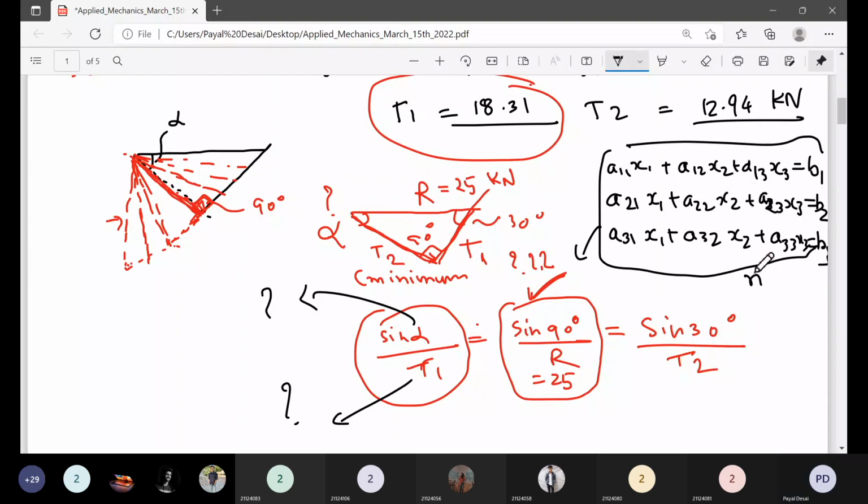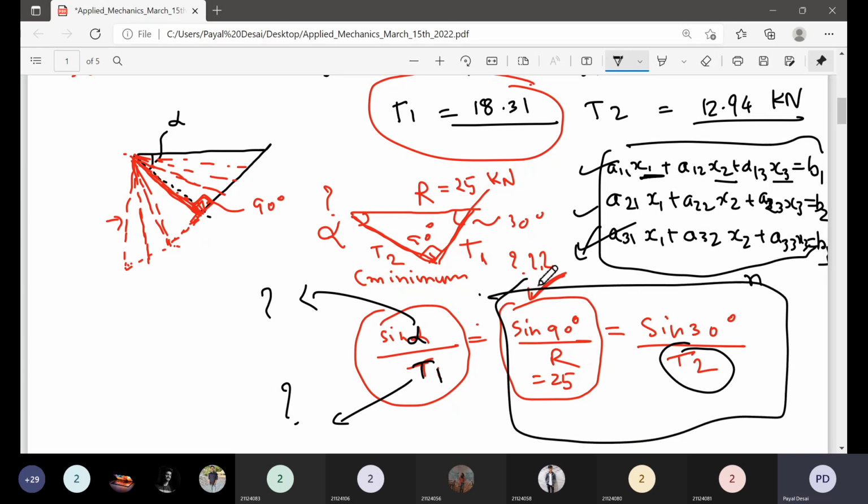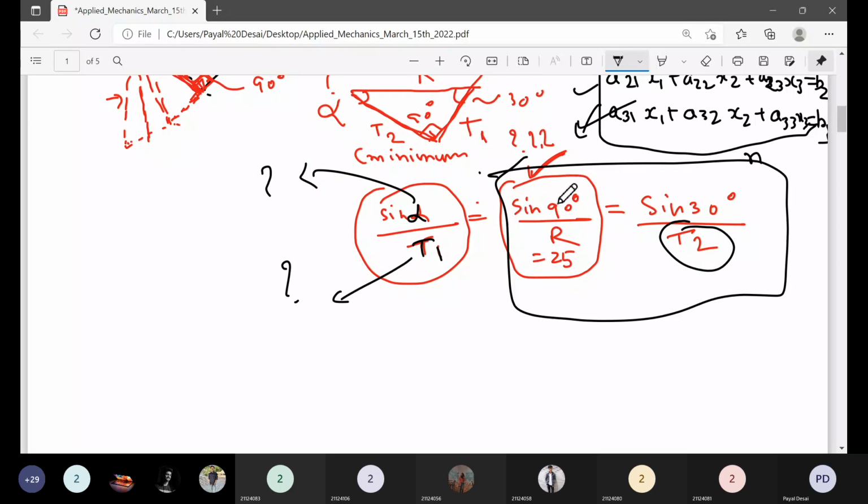For example, here x1, x2, x3 are unknown, so there are three unknowns, then I need to have three equations. Similarly, I can have only one unknown when I am having one equation. Finally, it results in one single equation, right? When you bring this denominator to the other side, multiply on the right hand side.